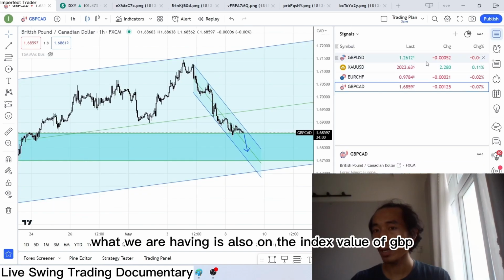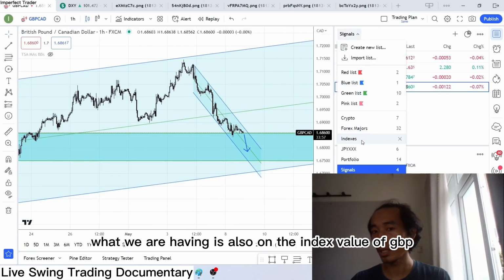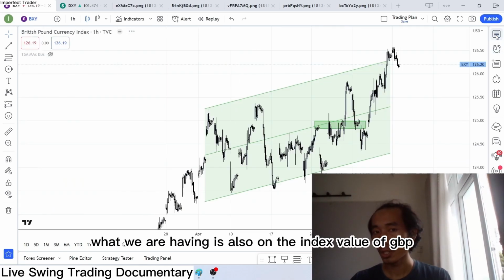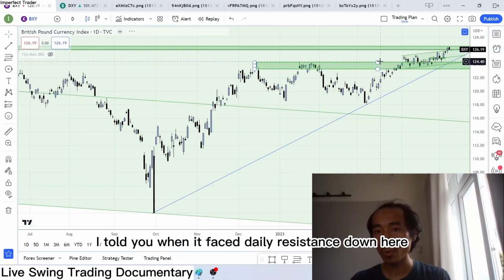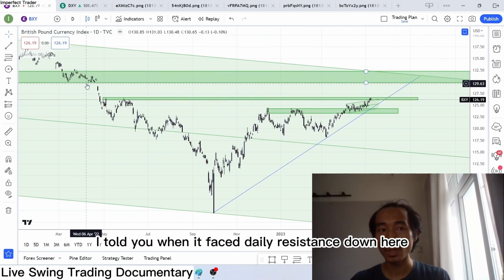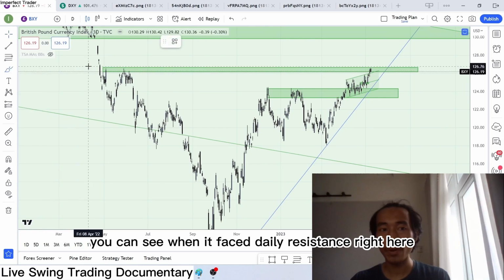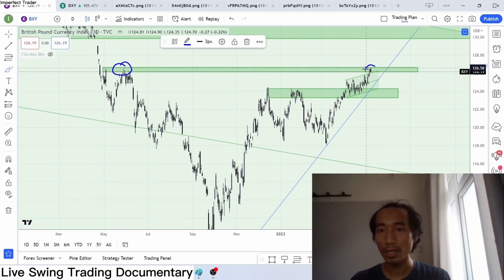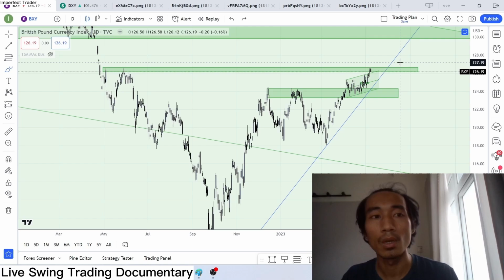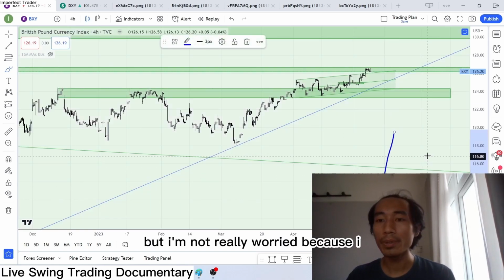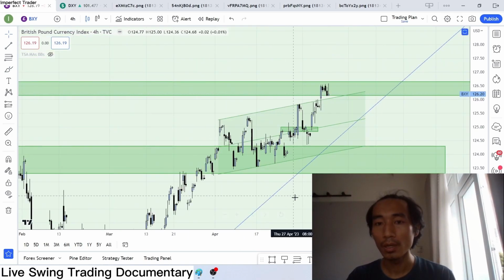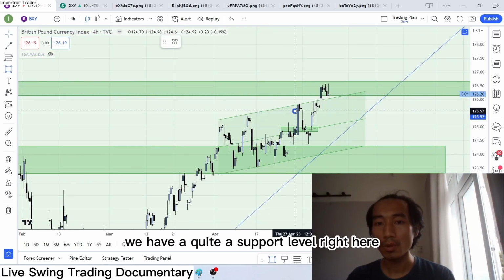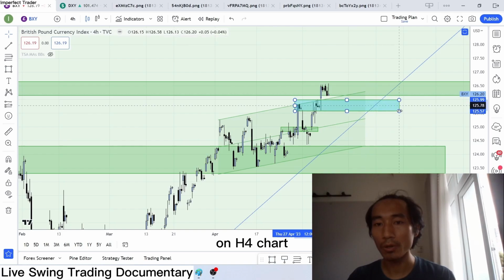Beside that, what we also have is the index value of GBP. You can see that GBP, like I told you, when it faces the daily resistance down here, you can see when it faces the daily resistance right here, it's starting to reject. But I'm not really worried because from what I'm seeing right now, we have quite a support level right here on the 4 hour chart.